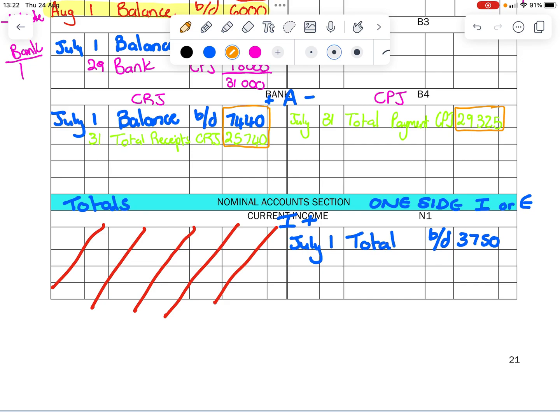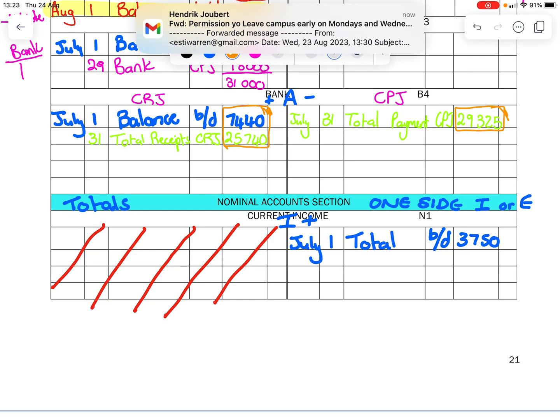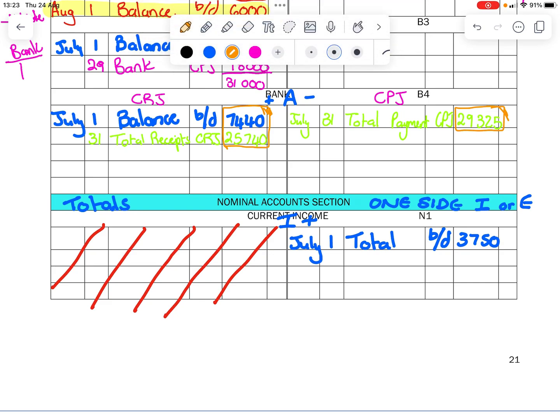Now what's important is that we make sure that we look at which side is bigger. So in my two orange blocks, on the debit side, is the total of the balance and total receipts greater than the total of our credit side?